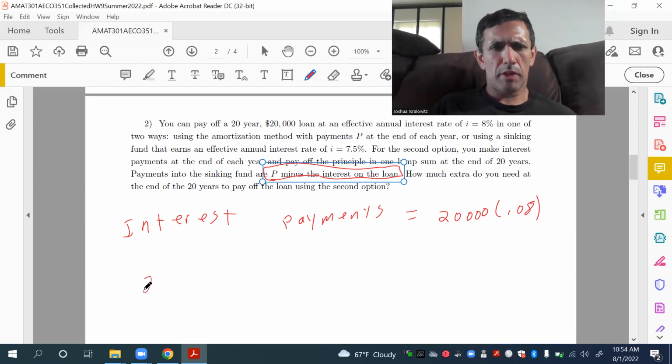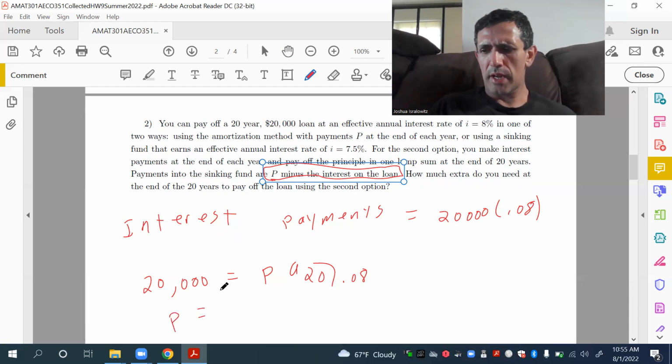Nothing special. It's a $20,000 loan, so that's the present value. Payments are P, 20-year loan, 8%. So you just solve for P, using the formula or calculator either way, and we get 2,037 and 4 cents.